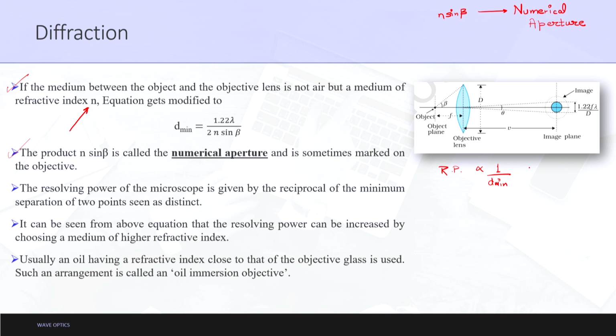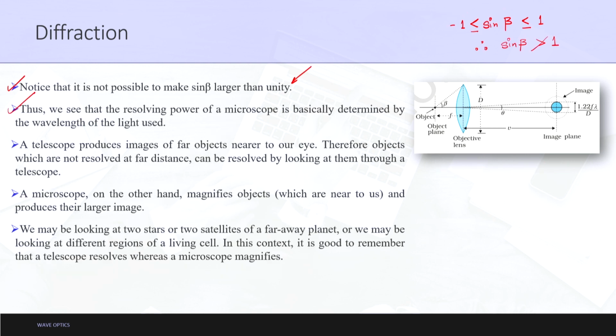Therefore it is directly proportional to sin beta, directly proportional to the refractive index, and inversely proportional to lambda. As we cannot make sin beta greater than unity, the only way to change the resolving power is the wavelength. If we change the wavelength, we modify the resolving power.